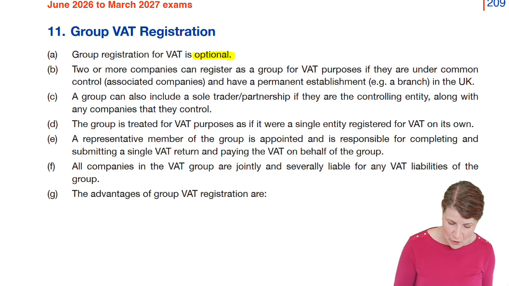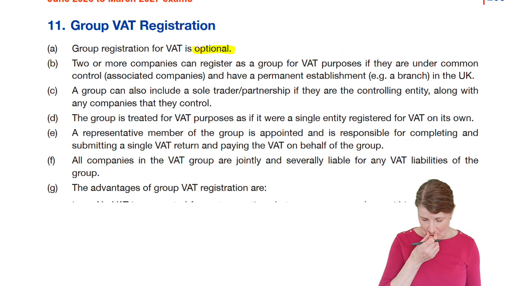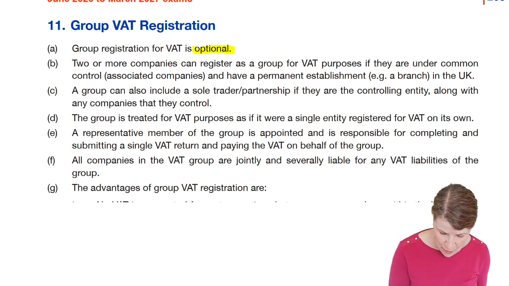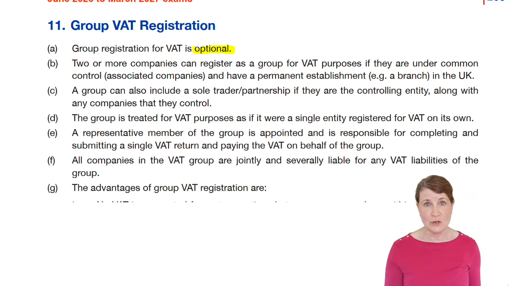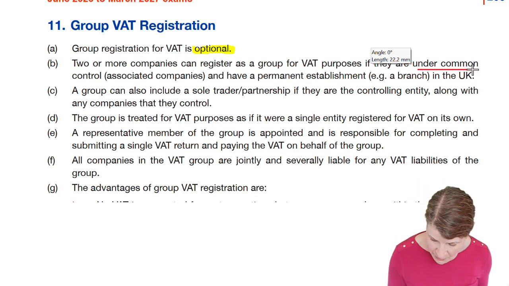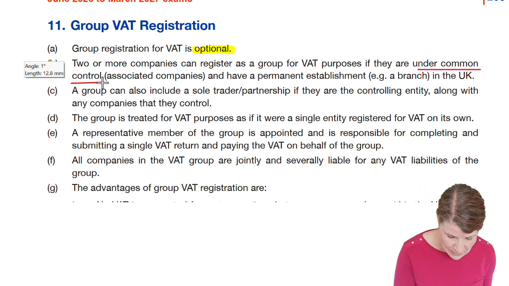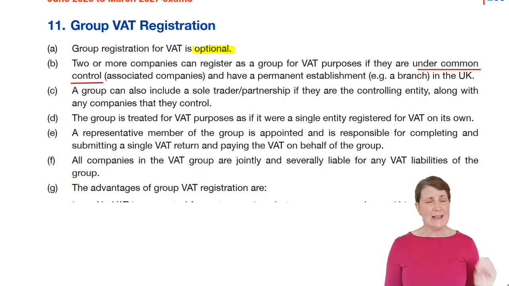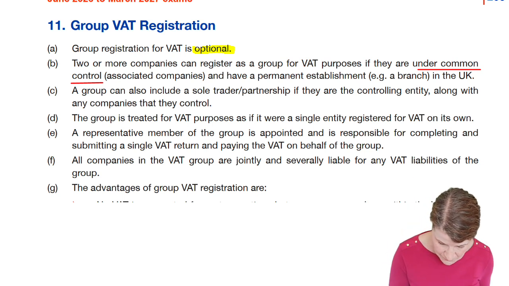So where we've got a VAT group registration, the conditions are that we're looking at companies, so 2 or more companies can register as a VAT group as long as they are under common control, which may mean associated companies, because remember, associated companies, we've got the control in there, and they have to have a permanent establishment in the UK.